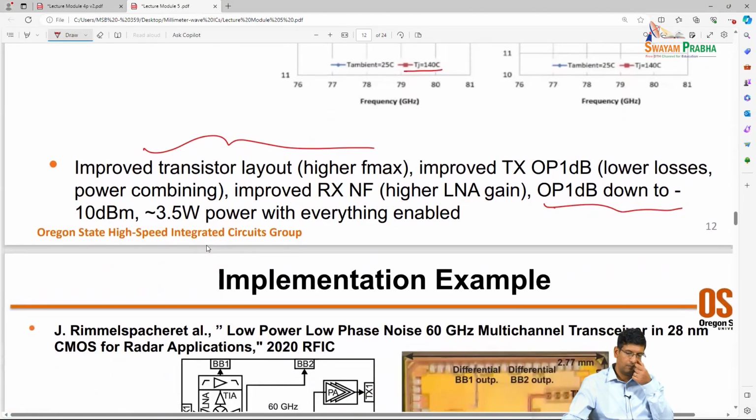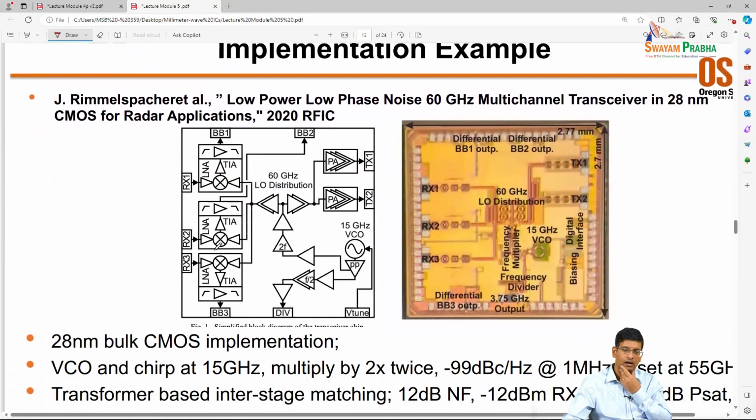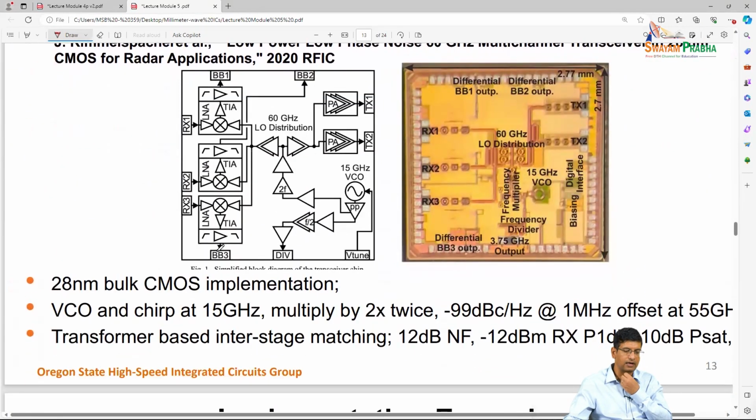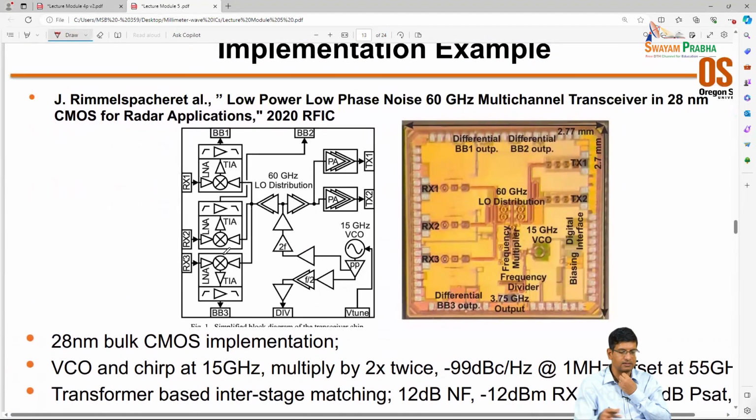And yeah, looking at more recent papers that are focused on the 60 gigahertz application with more compact architectures, you can see in 28 nanometer bulk, yet again, the VCO frequency is somewhere around 15 gigahertz, and there is a doubler that is used twice to get to 55.